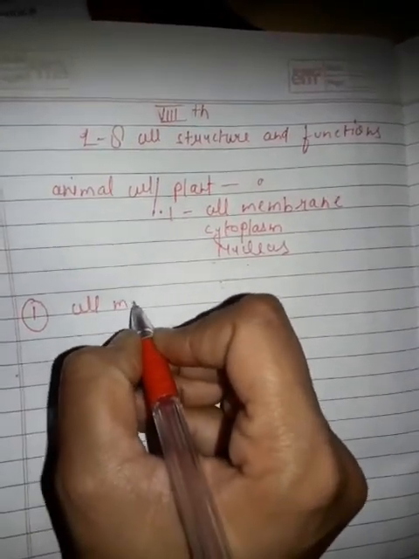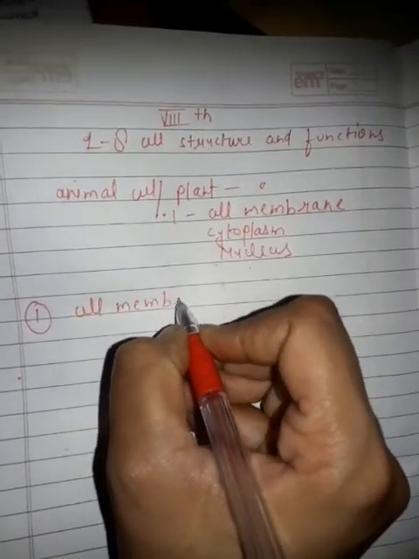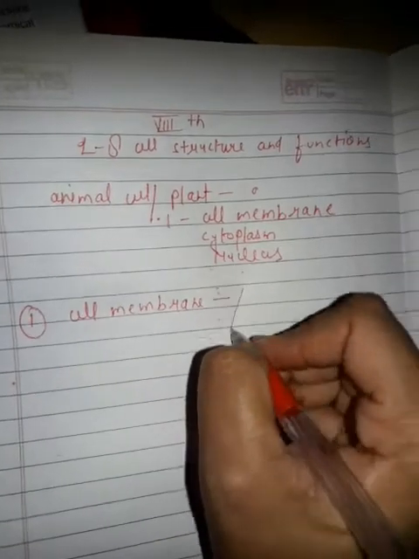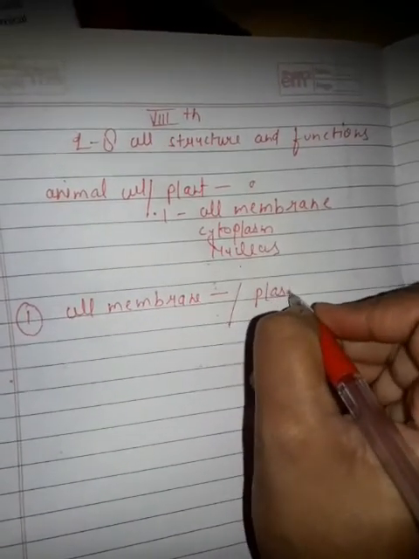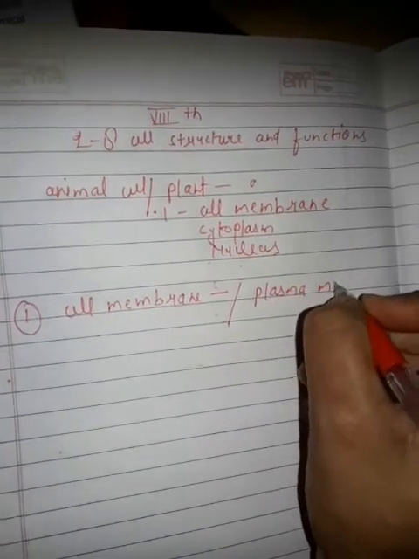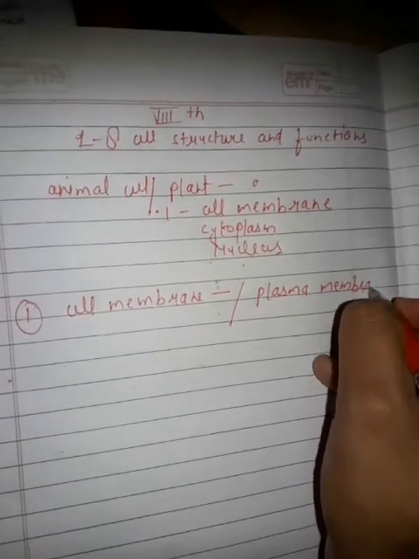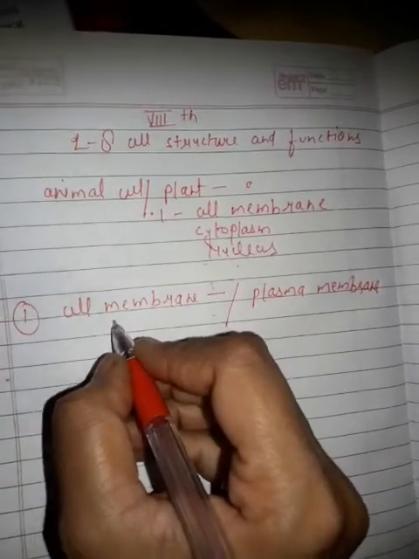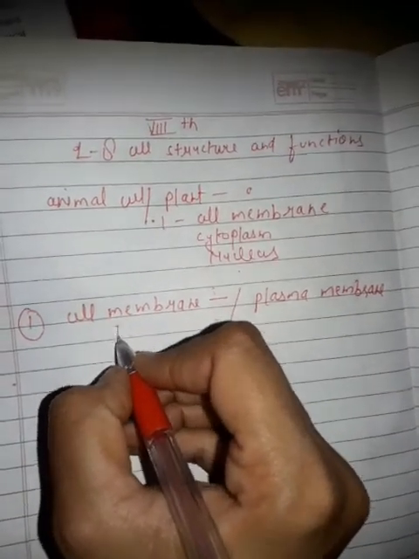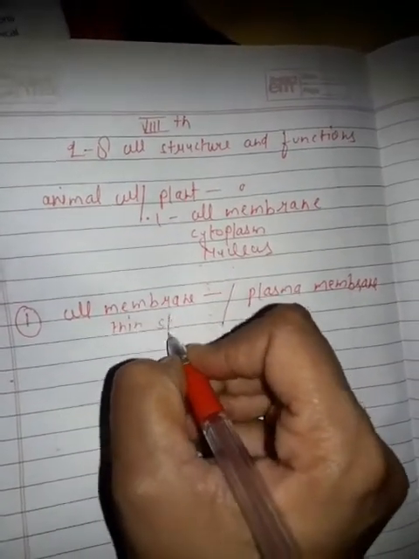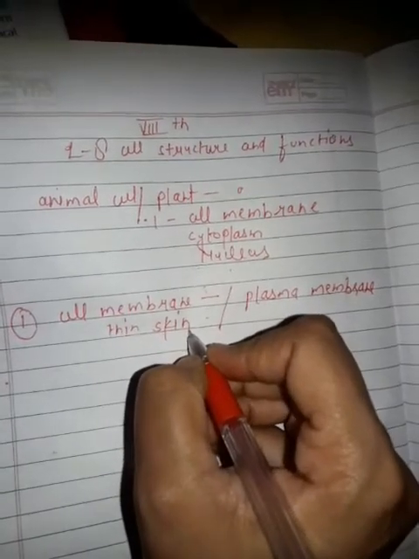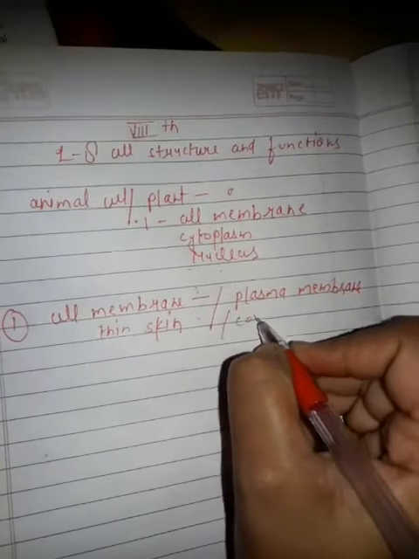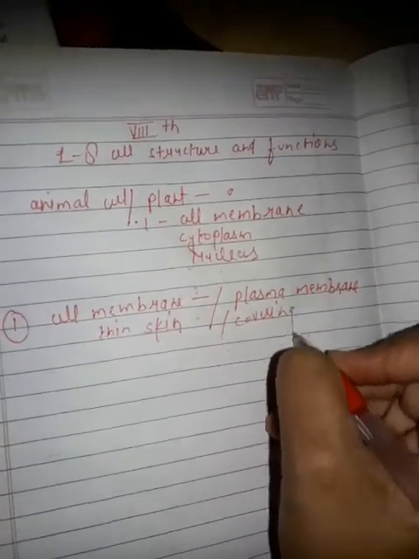First one is the cell membrane. Cell membrane is also called the plasma membrane, and this cell membrane is a very thin skin covering the cell.